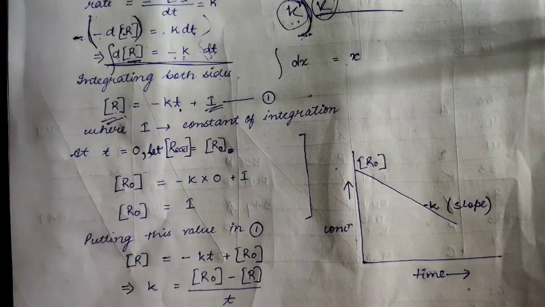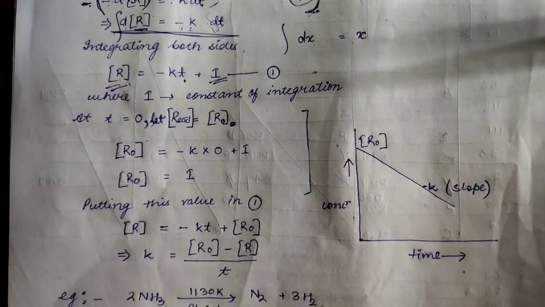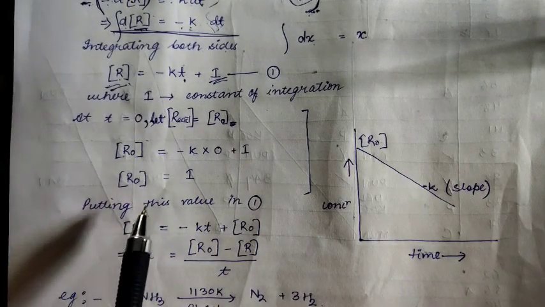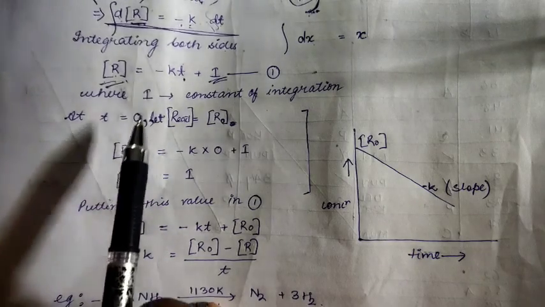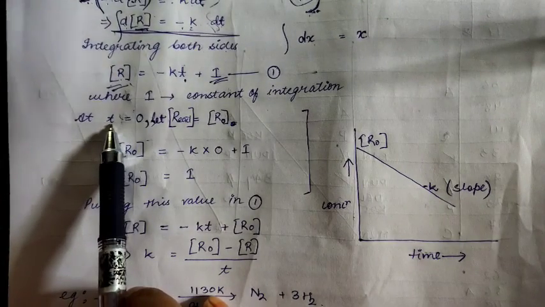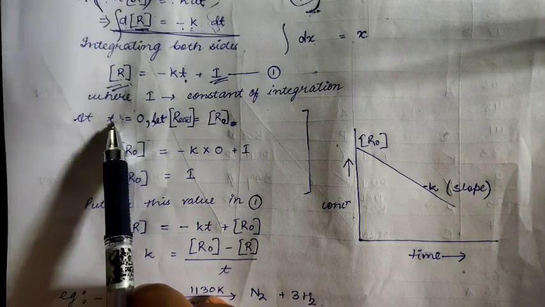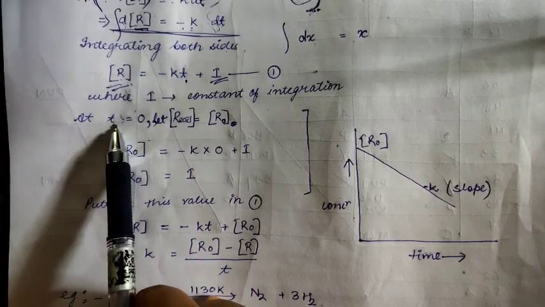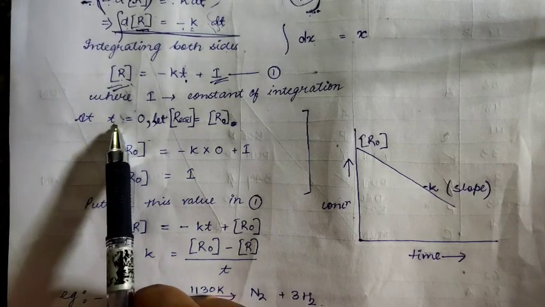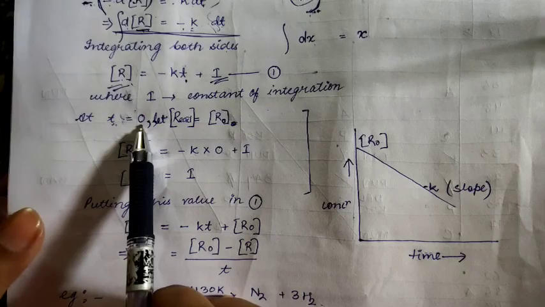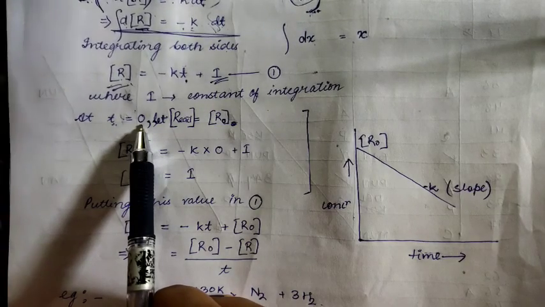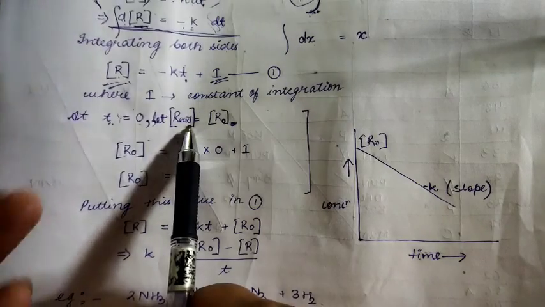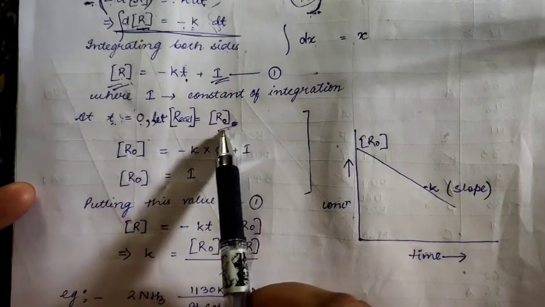Next we will move on to another step. Now we will consider the rate at time 0, when we haven't yet started the reaction. When time was 0, it means the reaction has not occurred till now. When time is equal to 0, there was no reaction occurring, hence the concentration of the reactant will be the initial concentration, and let the initial concentration be R0.